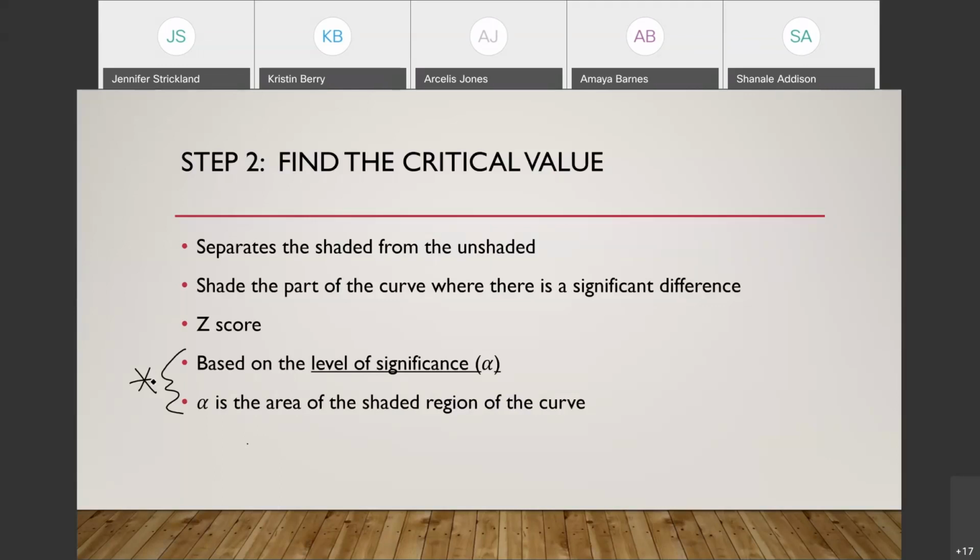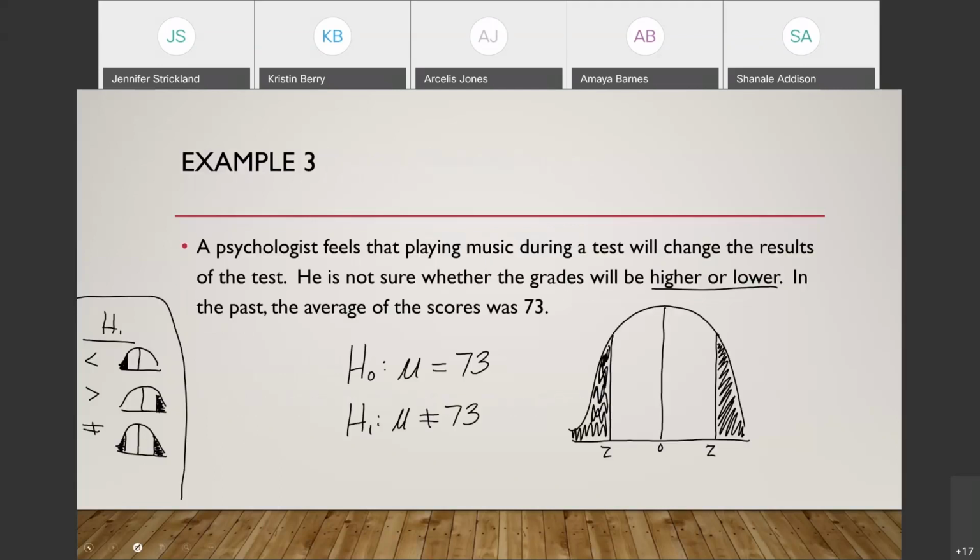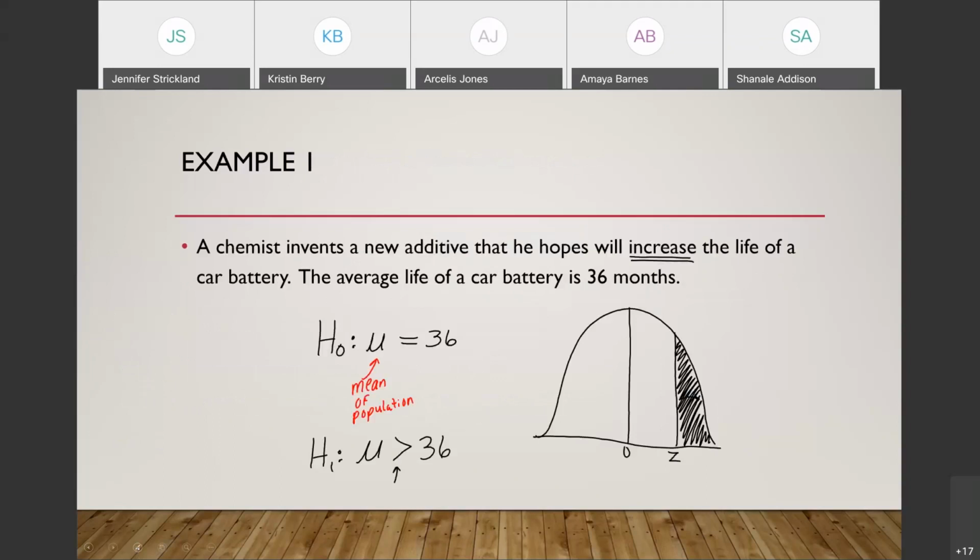Okay, so let's go back one more time to example 1. So we're going to now find that z value for that problem. All right, so again, they're going to give you an alpha value. So I'm just going to write something over here so we have something to use. So let's suppose that they tell me that the alpha value is 0.01.